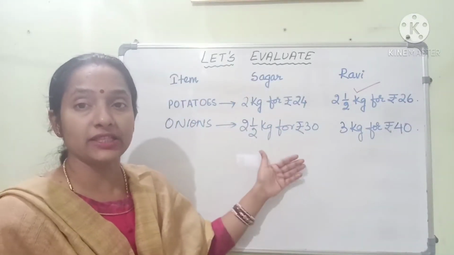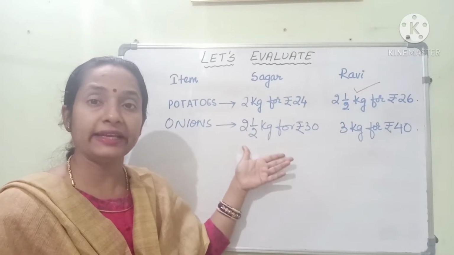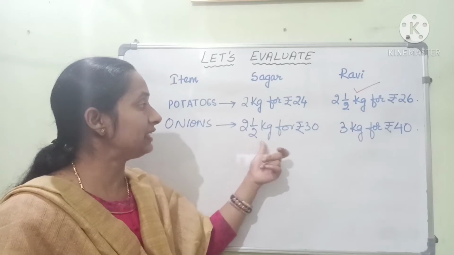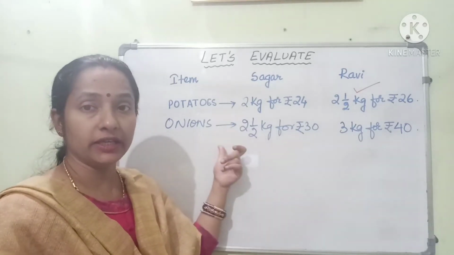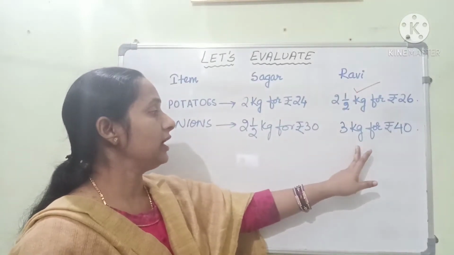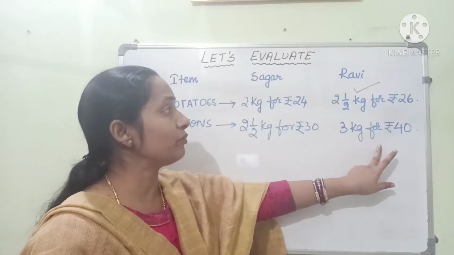Now in this case also we will follow the same thing. Let us find what is the cost price per kg of onion bought by Sagar and what is the cost price per kg of onions bought by Ravi.